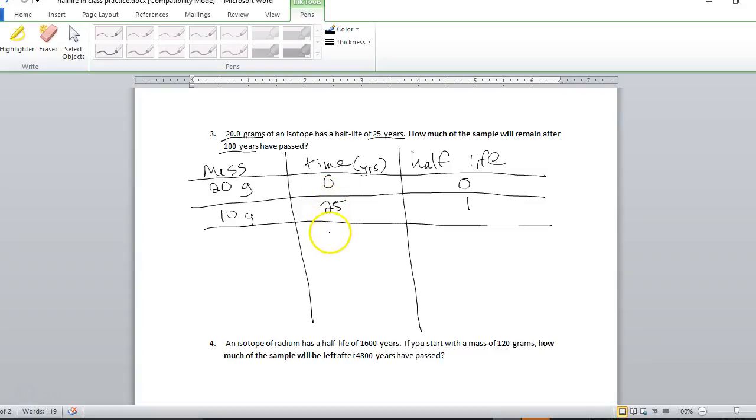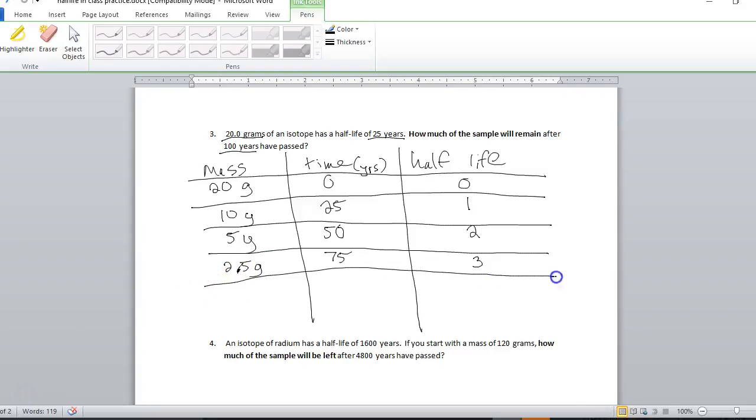Another half-life would be another 25 years, so that'd be a total of 50 years, and that would be half-life number 2. Divide the 10 grams by 2, and you'd have 5 grams left behind. We're going to do this until we get to 100 years. Another 25 years has passed to get a half-life, so 75 years, that's the third half-life. So we have 2.5 grams remaining.